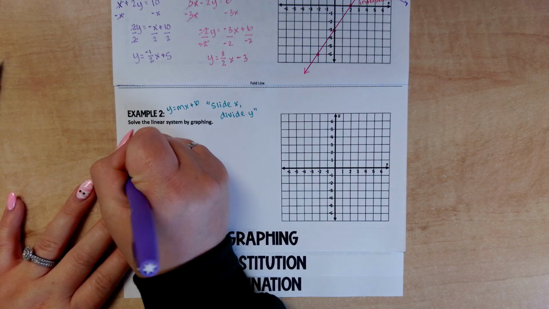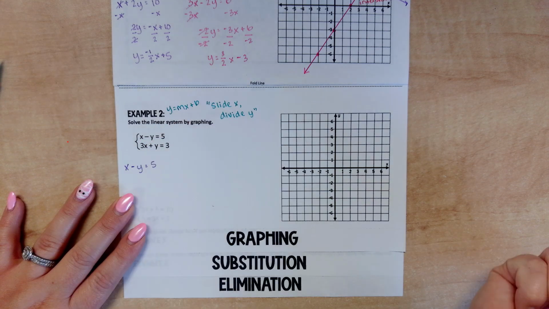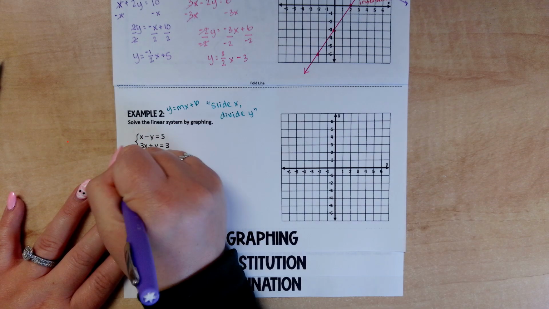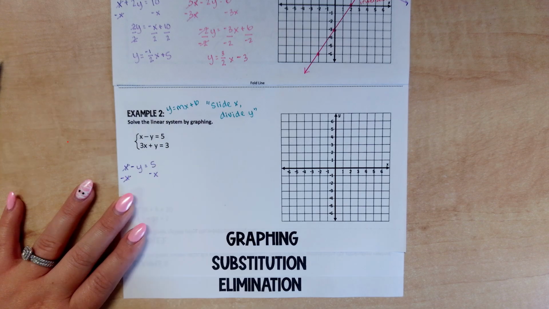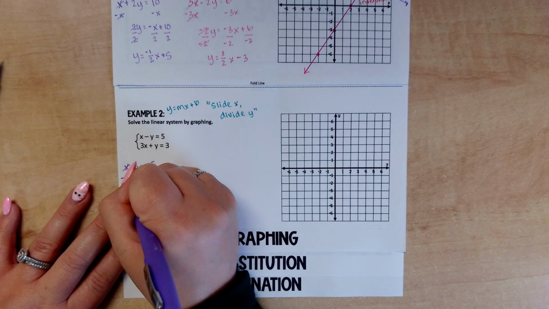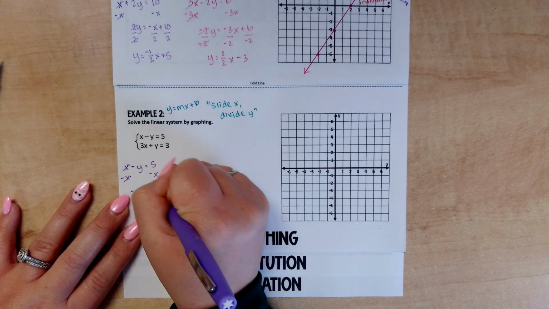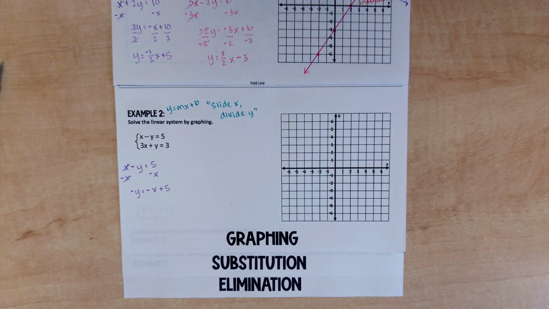We have x minus y equals 5. Going to subtract that x. Remember, sliding, you can only do adding and subtracting, hence the slide part of it. Negative y equals negative x plus 5. This is where I see people get confused all the time, so I want to make sure I bring some light to this.